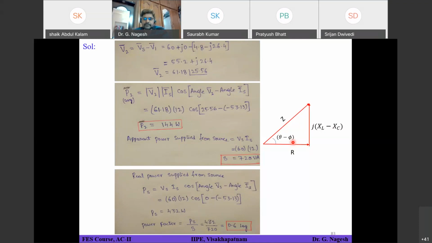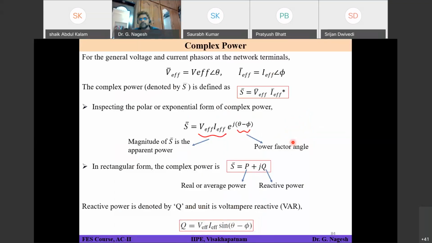So that is regarding this problem. Now one more power is there, which is called complex power. We have seen average power and apparent power. Always remember, when average power or apparent power is asked, it is asked across an element, or delivered from the source, or across the load.